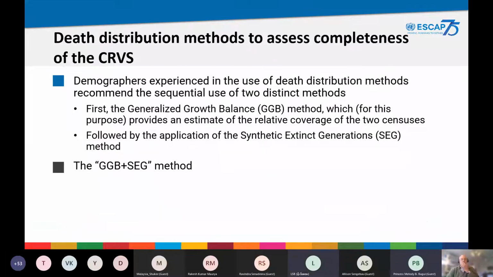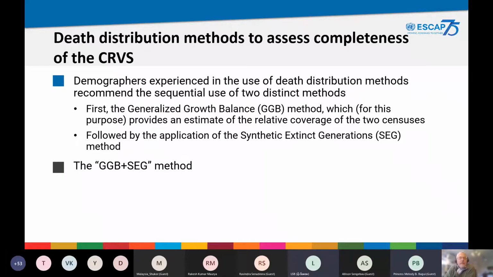Now, the application of these death distribution methods has been something of some debate. As I say, there are two broad groups of methods, each of which is then further split into two themselves. There are four major methods of these distribution methods.